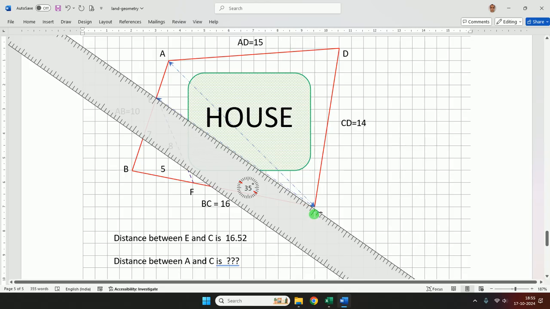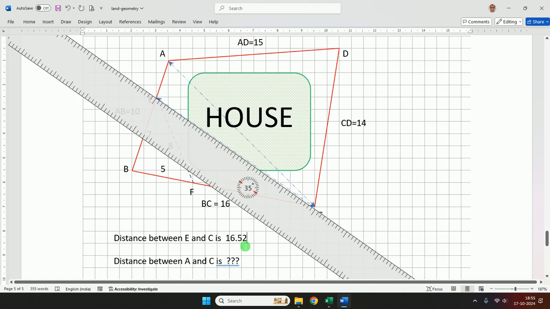So if you divide 49 by 3, as you can see, how much do you get? You get actually 16, a little more than 16.